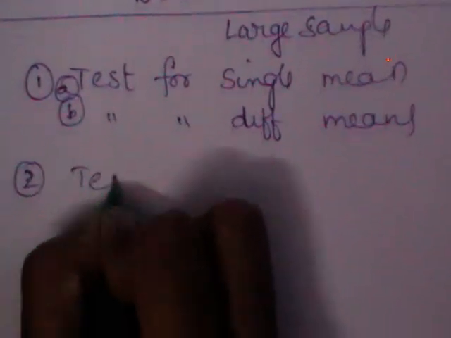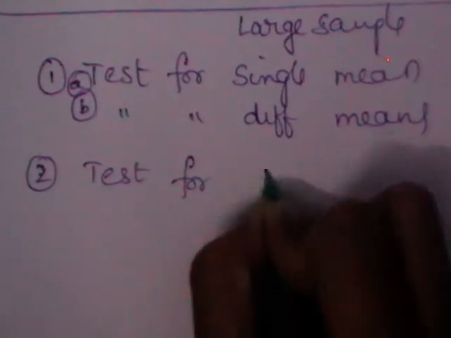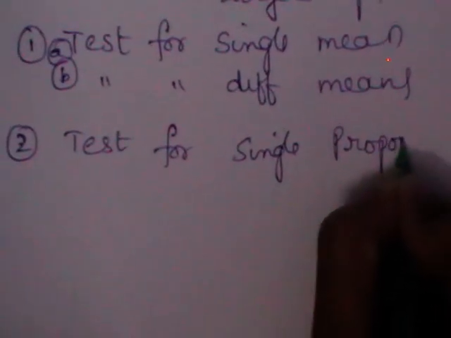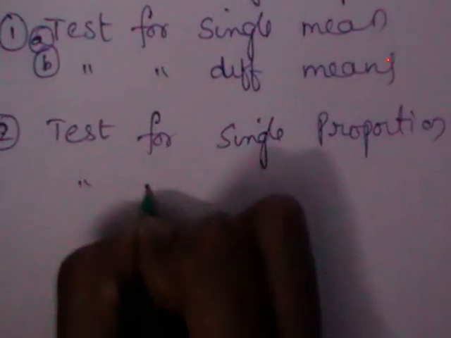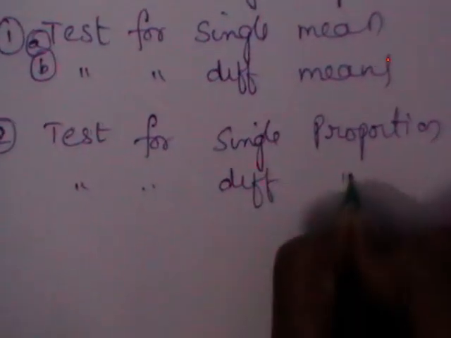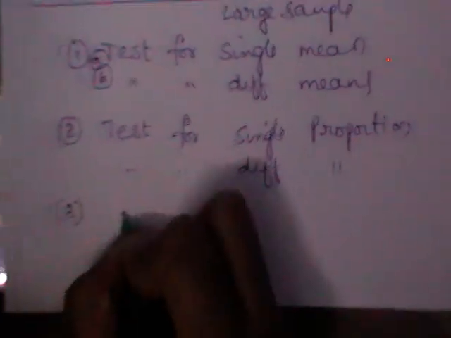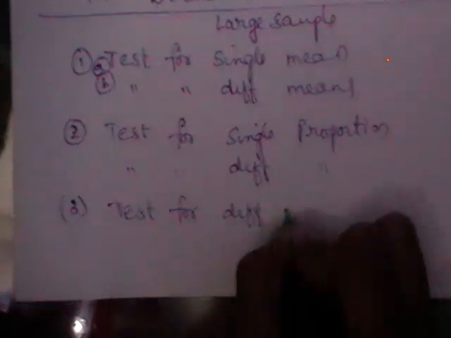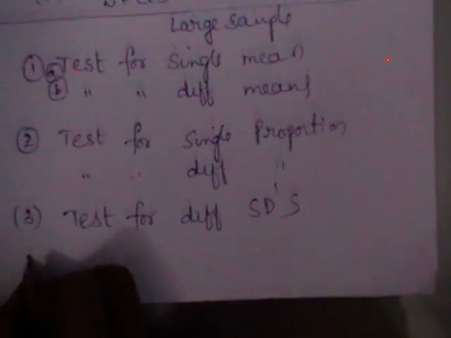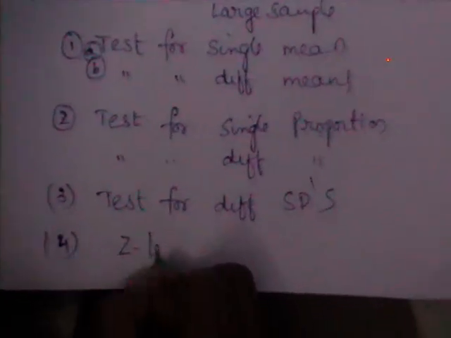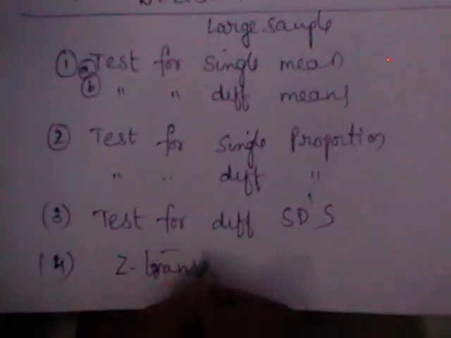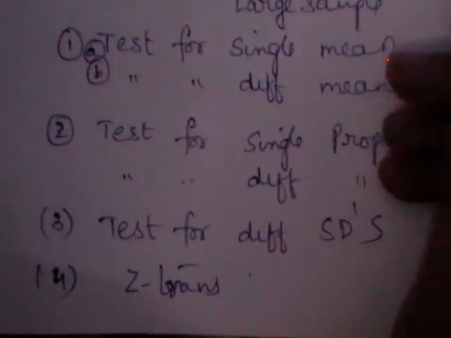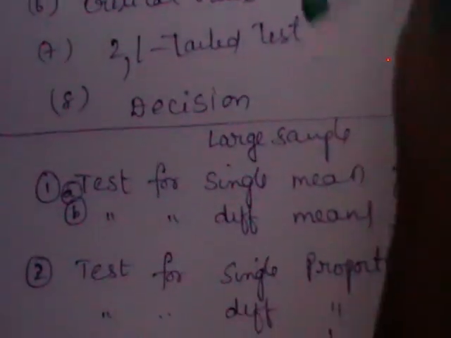Second test is test for single proportion, and test for difference of proportions, and test for difference of standard deviations, and z transformation. These are the 5 tests you are going to read. Let us see the first 2 tests here.